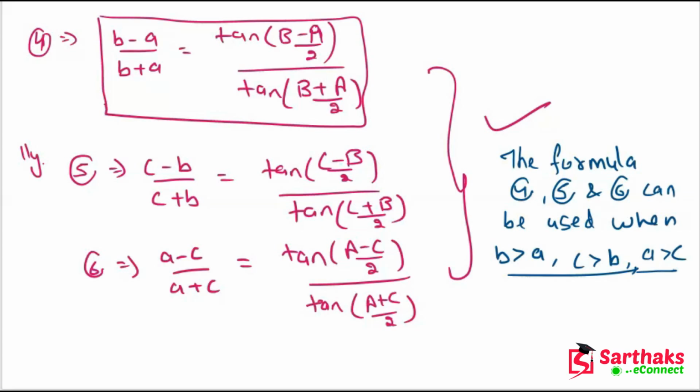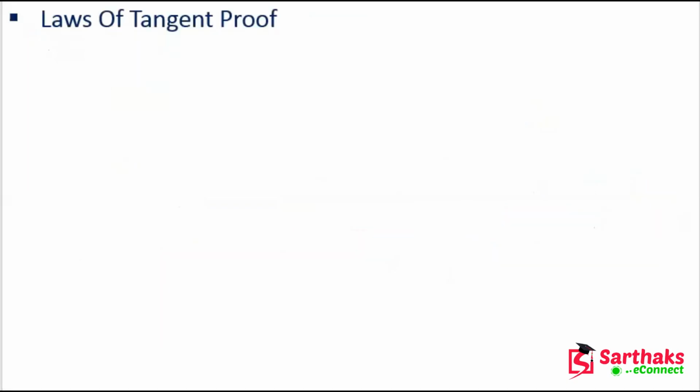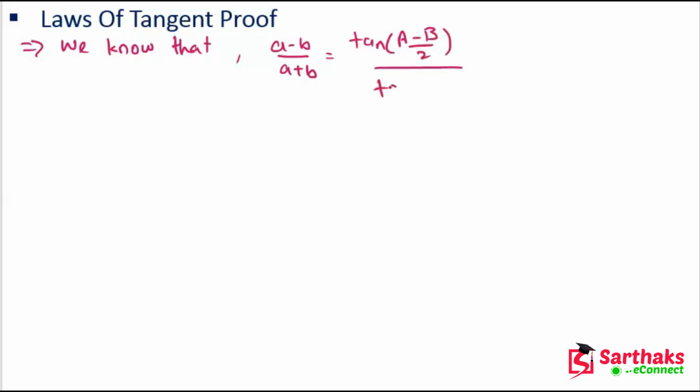So now we are going to see the proof of the laws of tangent. We know that (a minus b) upon (a plus b) is equal to tan((a minus b) upon 2) divided by tan((a plus b) upon 2).